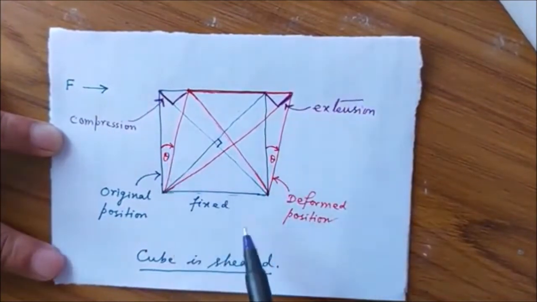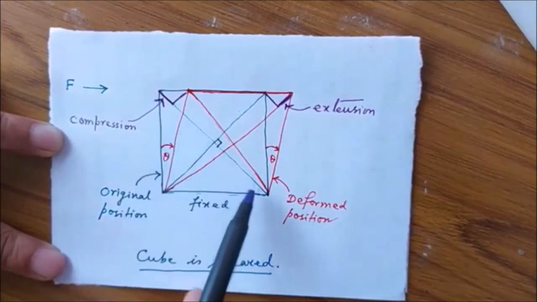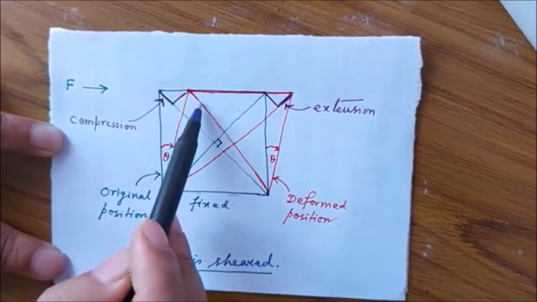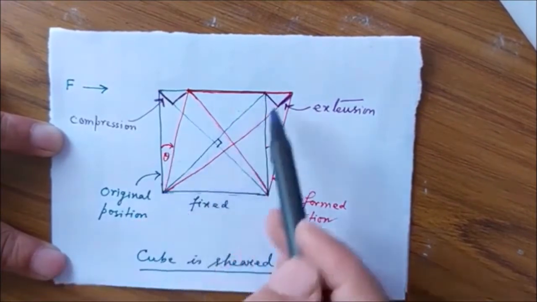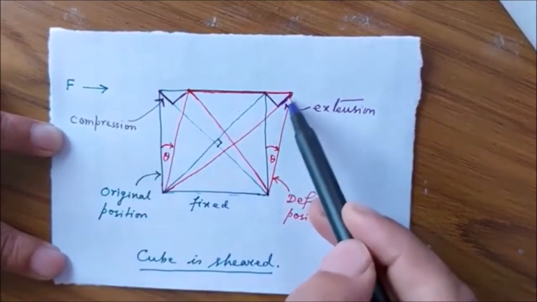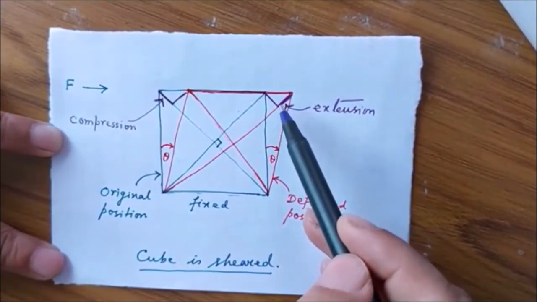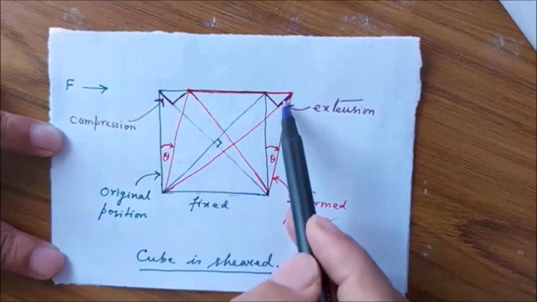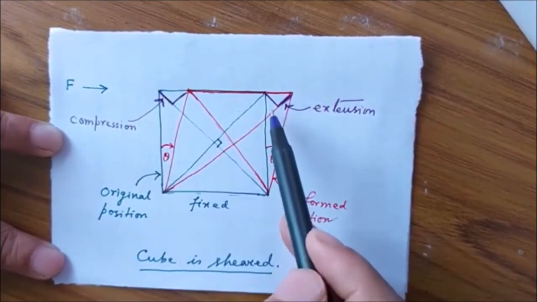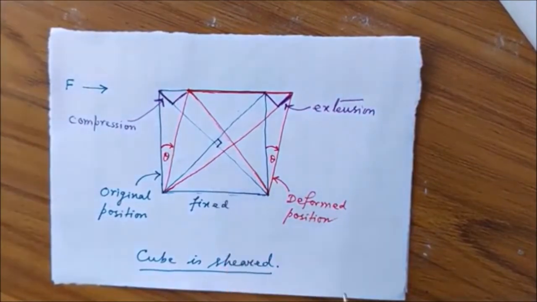So through this simple drawing, we have proved already that as the cube is sheared, one diagonal gets compressed and the other diagonal gets elongated. The amount of compression has been shown, the amount of elongation or extension has been shown. Another point is that this compression and this elongation have occurred in the diagonals which are mutually orthogonal or mutually perpendicular. So this is what the theorem says.